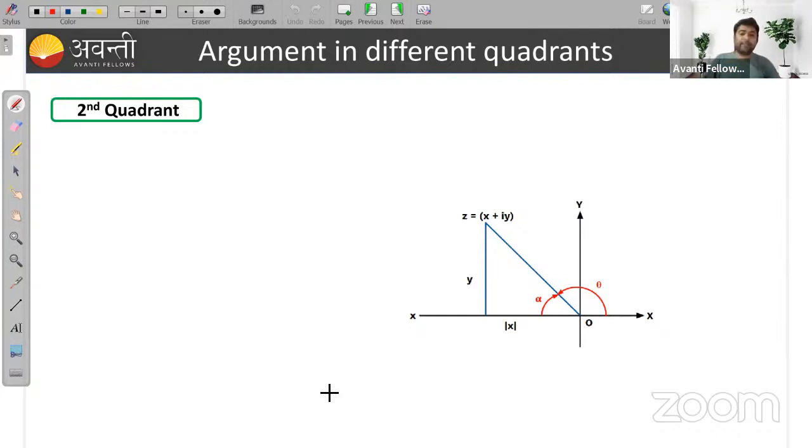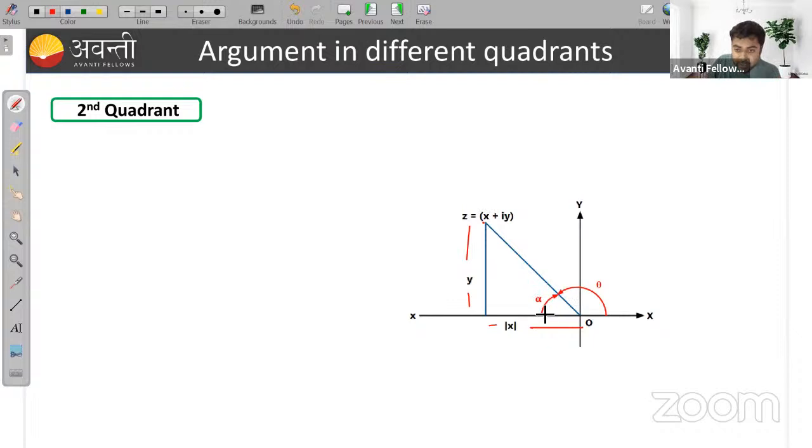Suppose my complex number is z equal to x plus iy. If we drop a perpendicular from this complex number on the x-axis, then this length will be y, and this length is mod x. Yes or no?